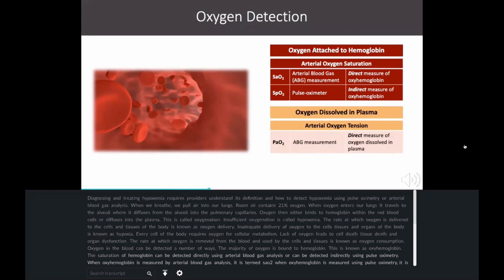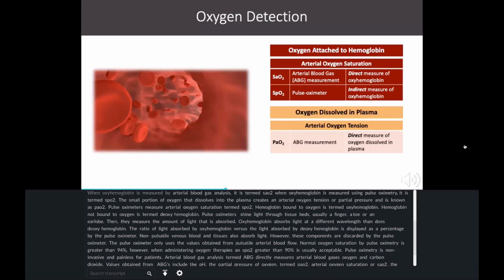The saturation of hemoglobin can be detected directly using arterial blood gas analysis, or can be detected indirectly using pulse oximetry. When oxyhemoglobin is measured by arterial blood gas analysis, it is termed SaO2. When oxyhemoglobin is measured using pulse oximetry, it is termed SpO2. The small portion of oxygen that dissolves into the plasma creates an arterial oxygen tension or partial pressure and is known as PaO2.